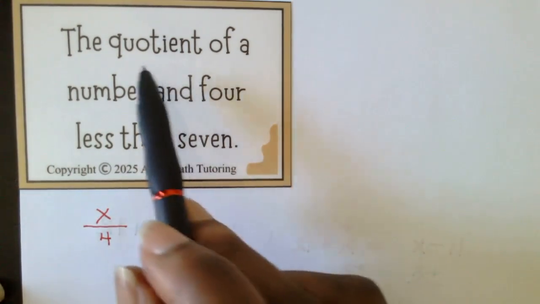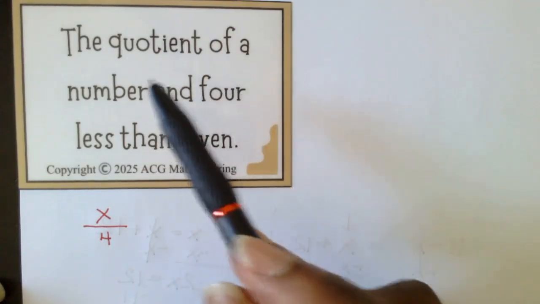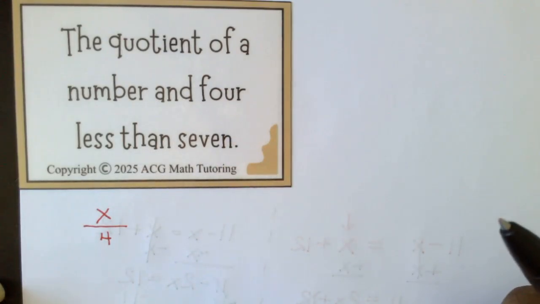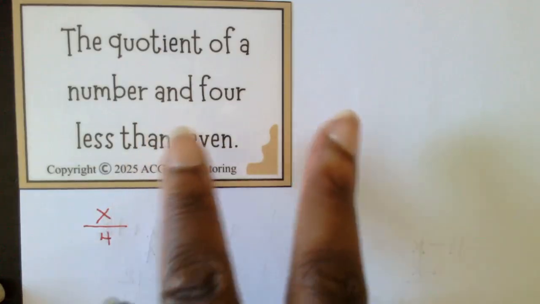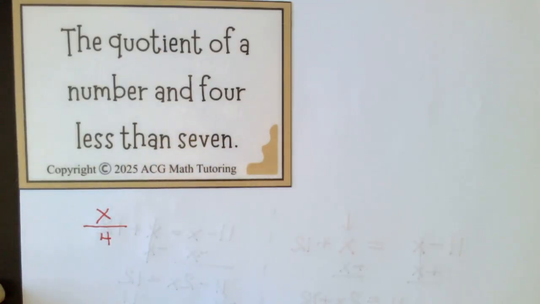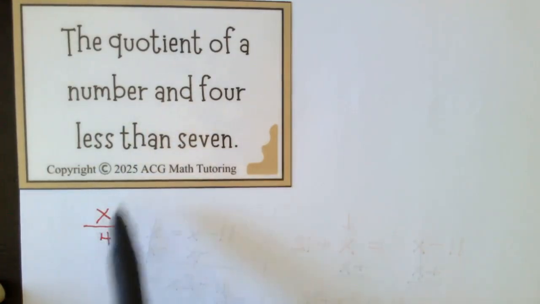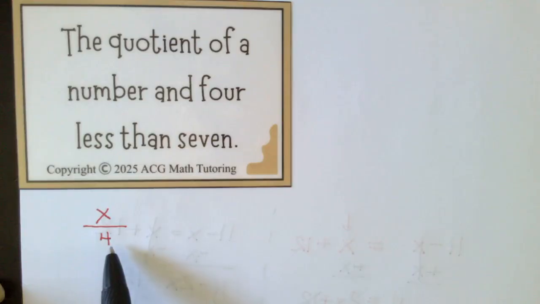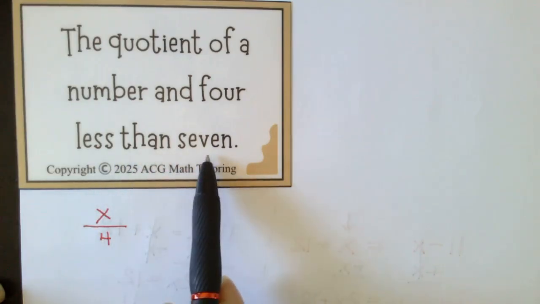Anytime they say quotient of, product of, sum of, difference of, you're dealing with that operation, but there's normally two things involved. In this case, it's a number, which I used x for, and 4. Now, less than 7.